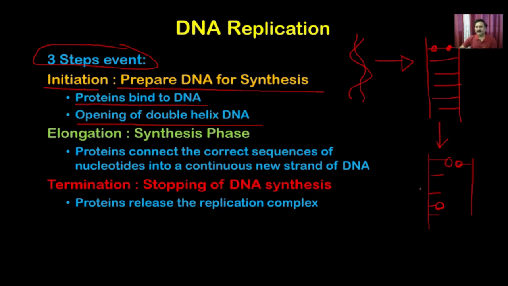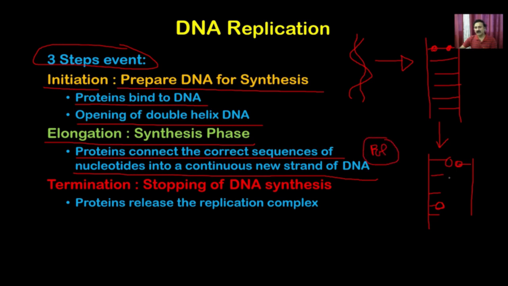Once this happens, and the DNA is prepared as single stranded DNA, the process will enter into the elongation phase, where the protein will connect the correct sequence of nucleotides into the continuous new strand of synthesis, which means at this stage the DNA polymerase is going to work and synthesize the next strands with the nucleotides.